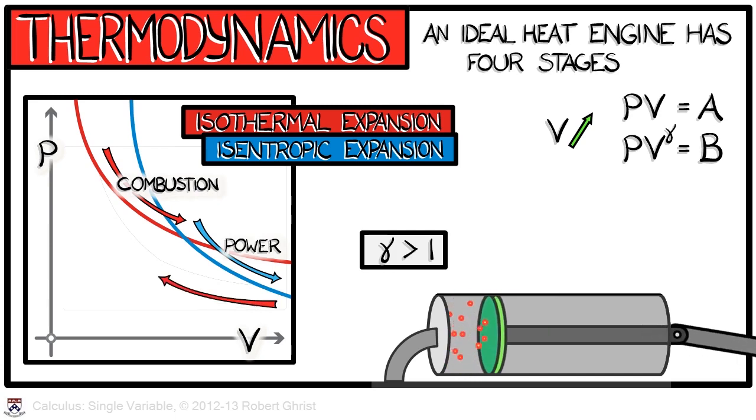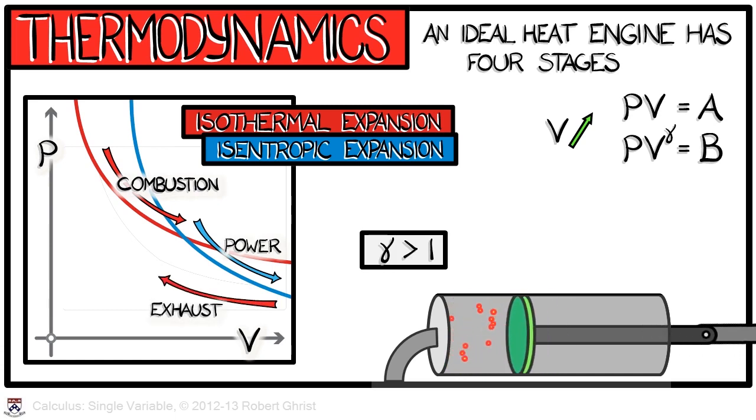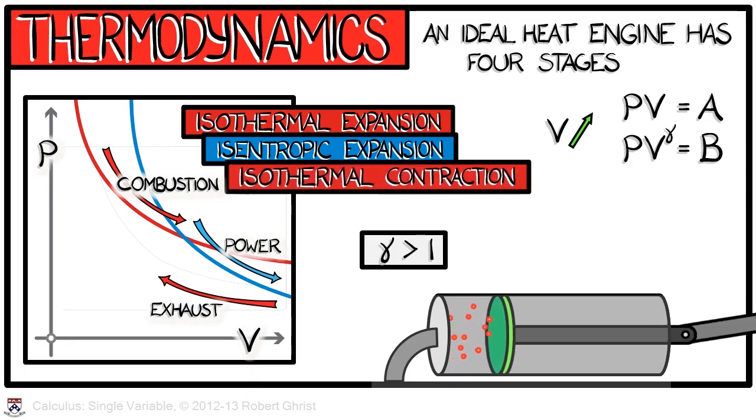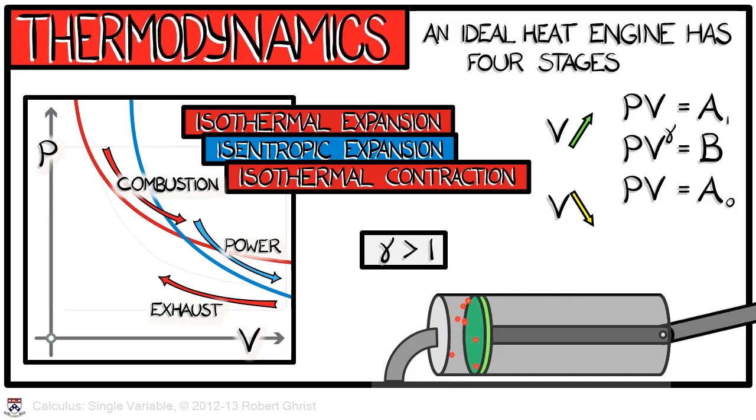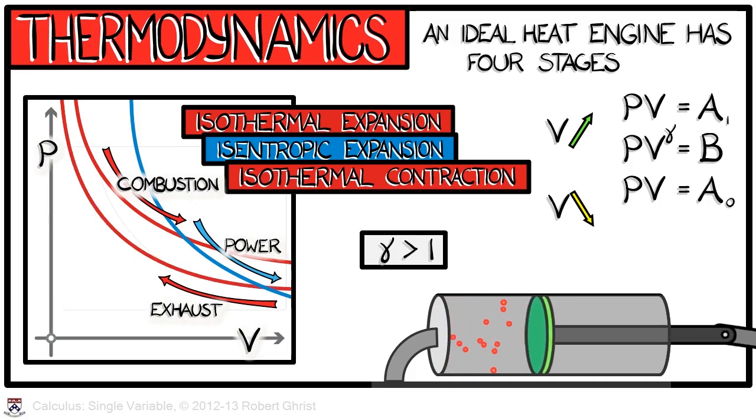The third stroke or stage is the exhaust stroke. This is an isothermal contraction in which V is decreasing, and you're moving along a curve P times V equals another constant. Let's call this one A sub 0, and we'll call the former PV constant A sub 1.